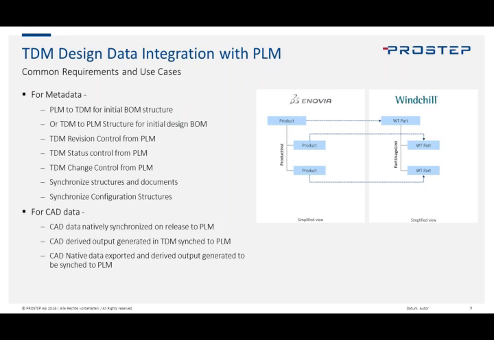So in the typical situation where you're using multiple vendors, sometimes you'll have an integrated solution for providing a derived output within that vendor's specific type of output, like you have VPM and you generate 3D XML or something like that.